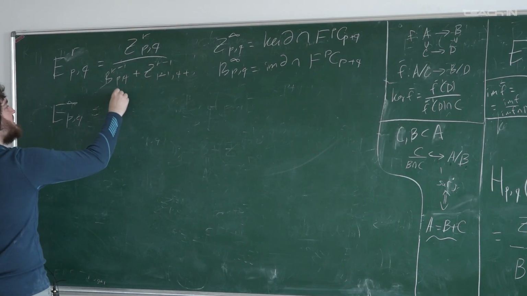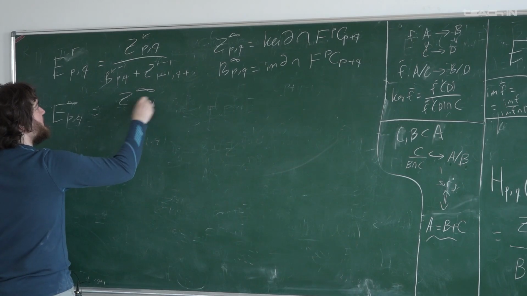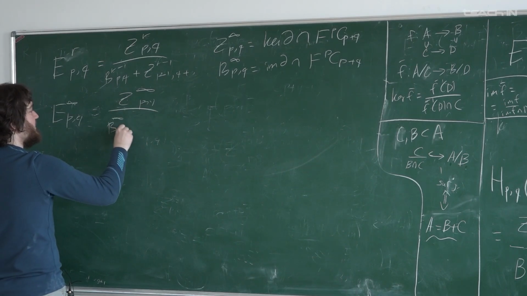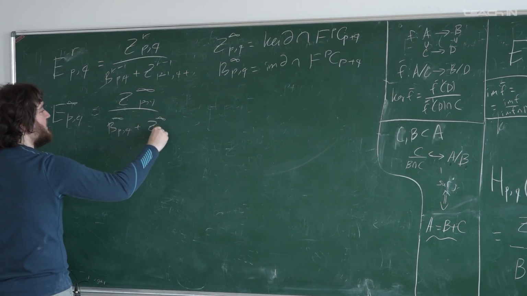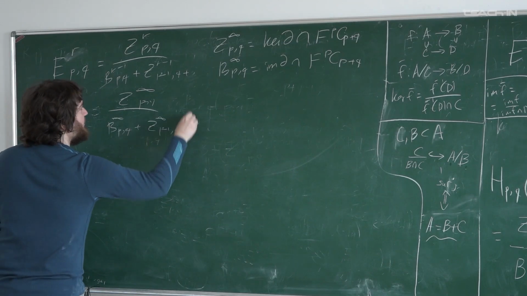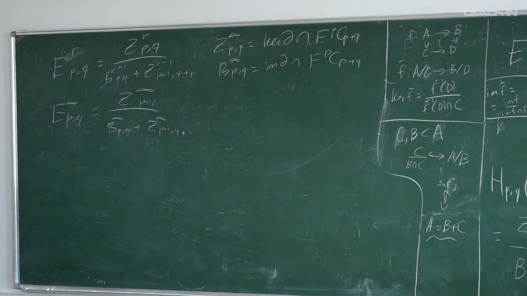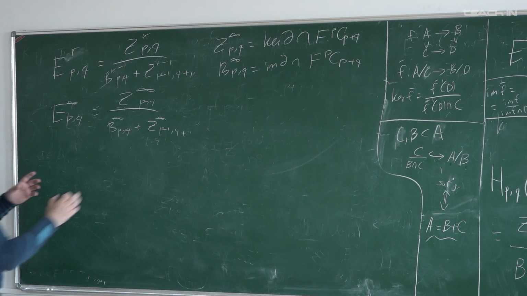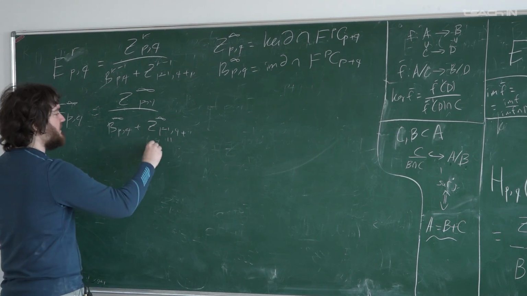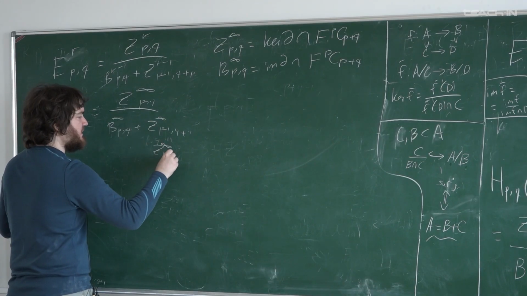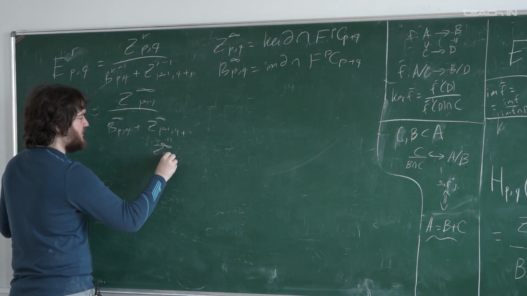And so infinity is Z infinity. It's B infinity PQ plus Z infinity P minus 1 Q plus 1. But we have already seen that this thing is in fact the intersection of Z infinity with the previous filtration.